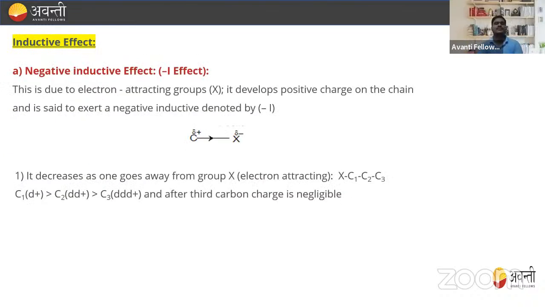Now, what is the inductive effect? Basically, we have two types of inductive effect. One is known as the negative inductive effect, and another is known as the positive inductive effect.